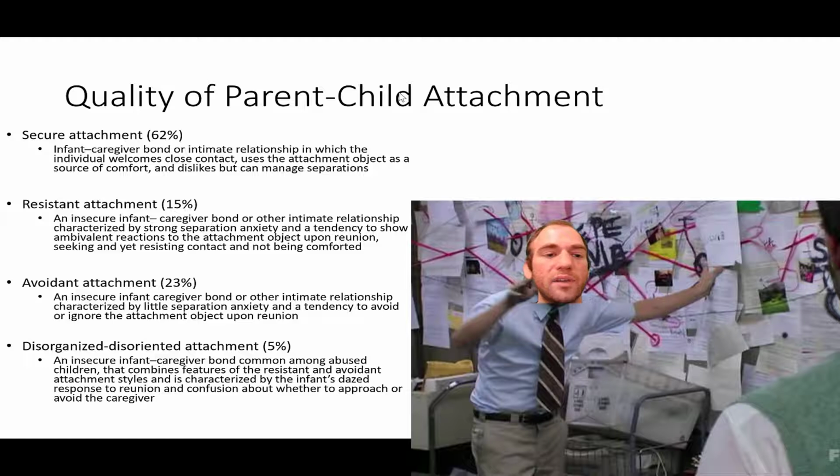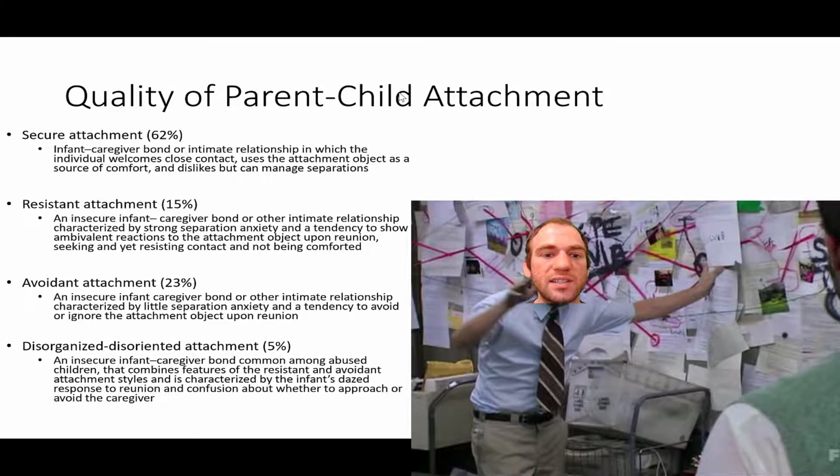So we have secure attachment, which is the classic, where they have a warm relationship. The infant can get distressed when their mother or caregiver, or whoever they're attached to, leaves, but once the caregiver comes back, the child welcomes the caregiver back.